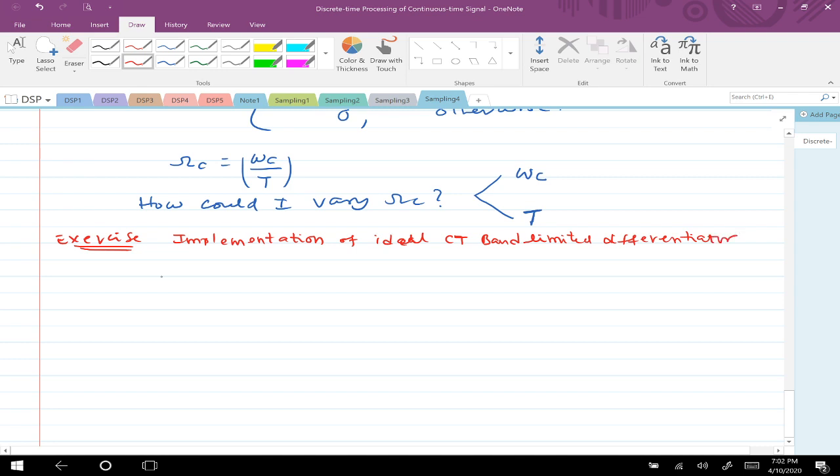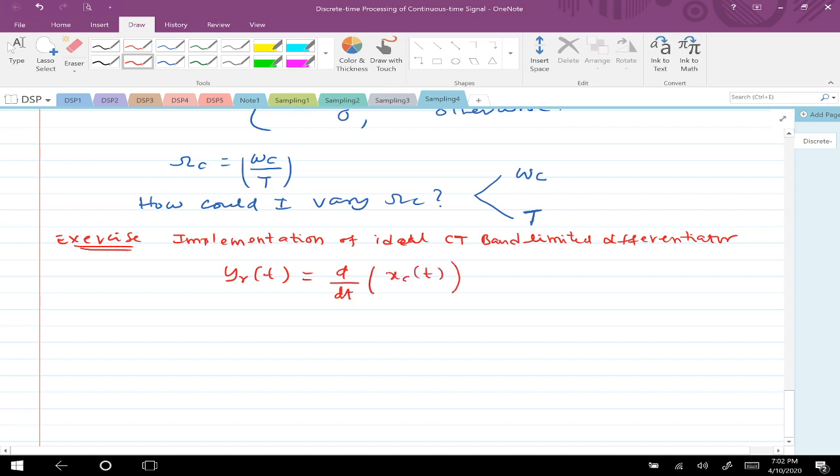So for example, you take this relationship. What I want is, let's say the reconstructed output is y subscript r of t, equivalent to the derivative of xc of t.